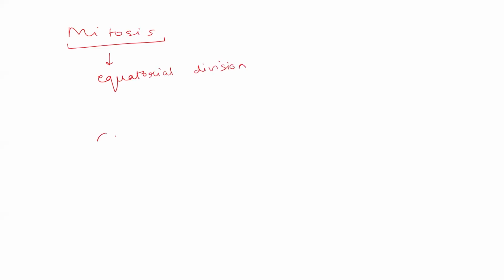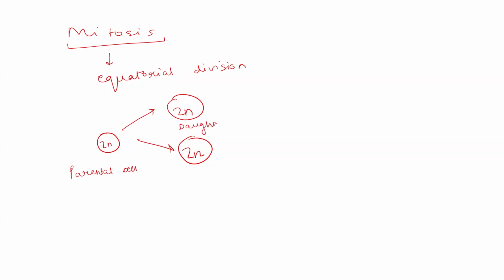In this, a single cell, which is 2n in number, will give rise to cells which are similar in genetic composition and which will have the same number of chromosomes. So there is genetic similarity between the parental cells and the daughter cells. These two are genetically similar, so they produce genetically similar cells.